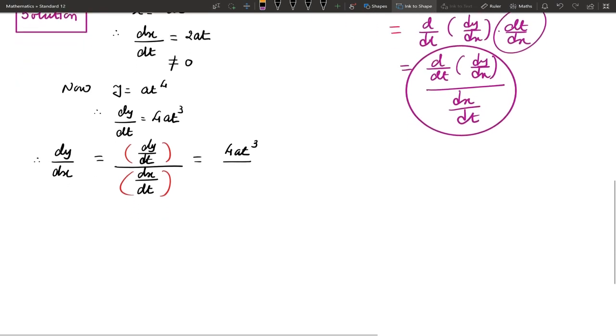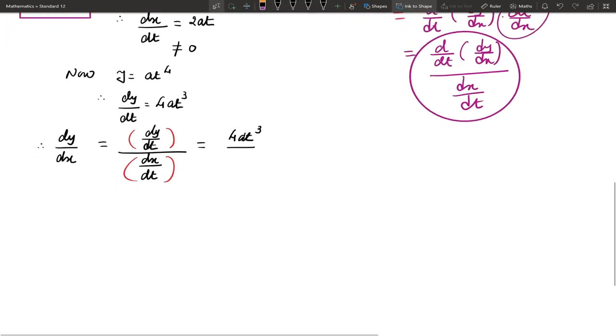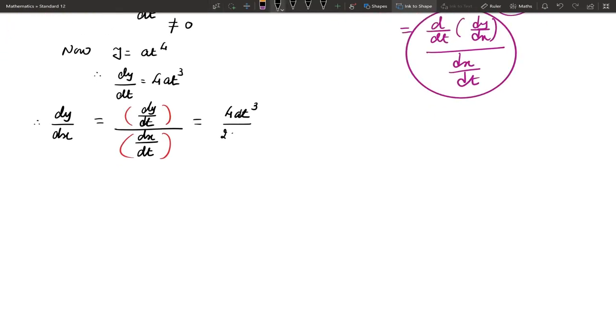So upon 2at, so simplification is 2t square.